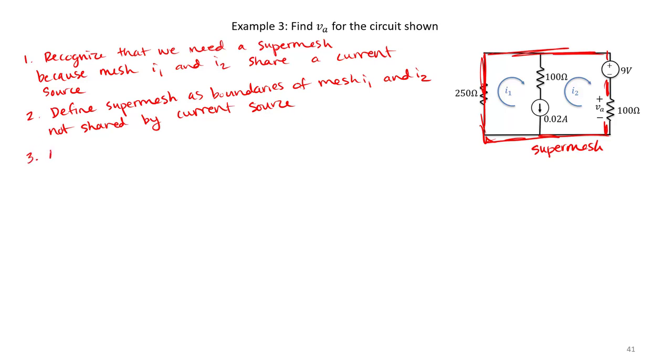Next, we can apply Kirchhoff's voltage law to the super mesh. So remember, like before, we can just start walking around our circuit. And I'm going to go ahead and walk clockwise, and I'm going to start from the lower left.